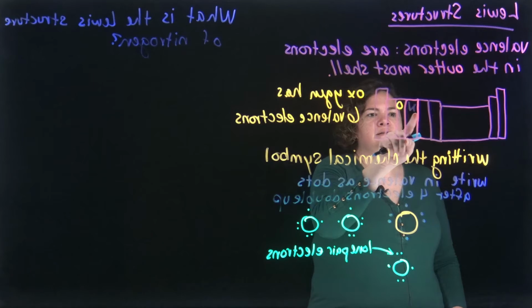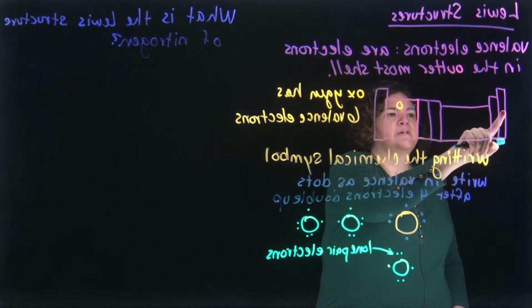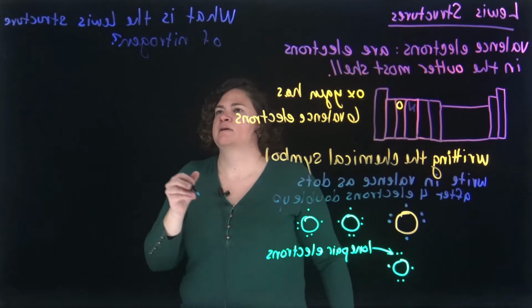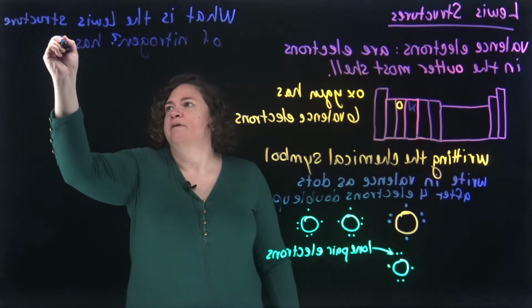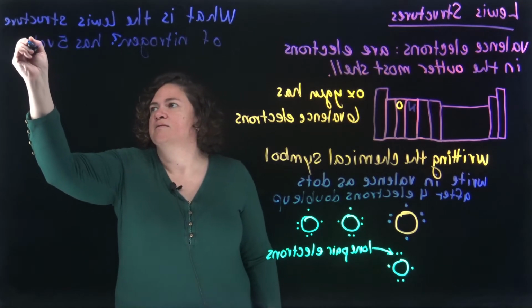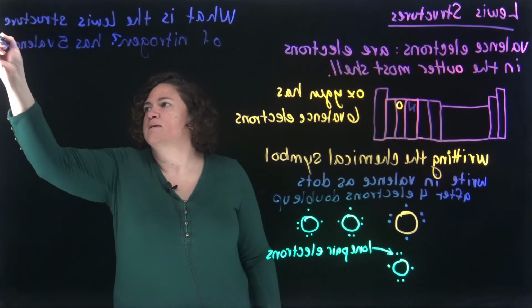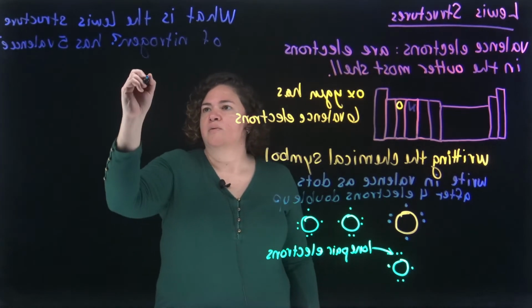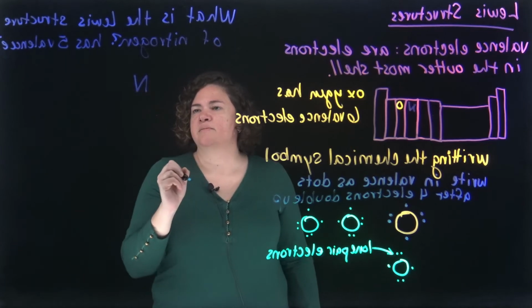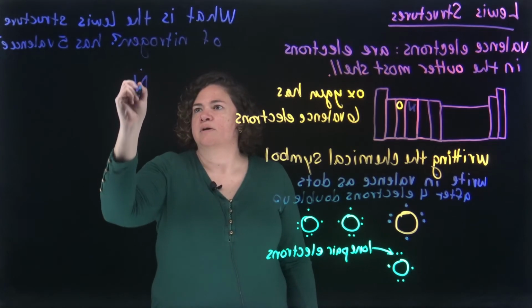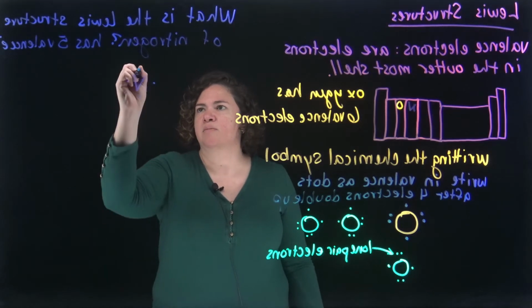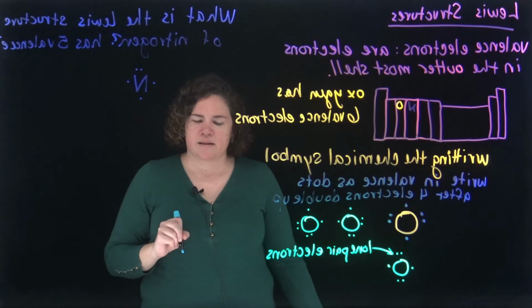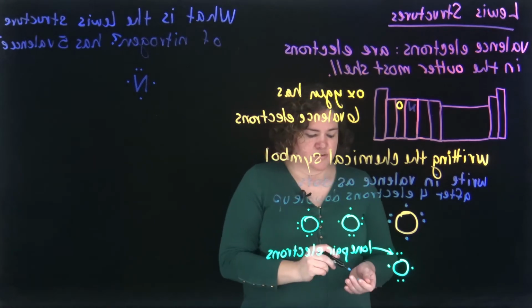So it would have 1, 2, 3, 4, 5 valence electrons. So nitrogen has 5 valence electrons. You write the chemical symbol in the middle and write 1, 2, 3, 4 single electrons, and after 4 you double up. And that would be the Lewis dot structure of nitrogen.